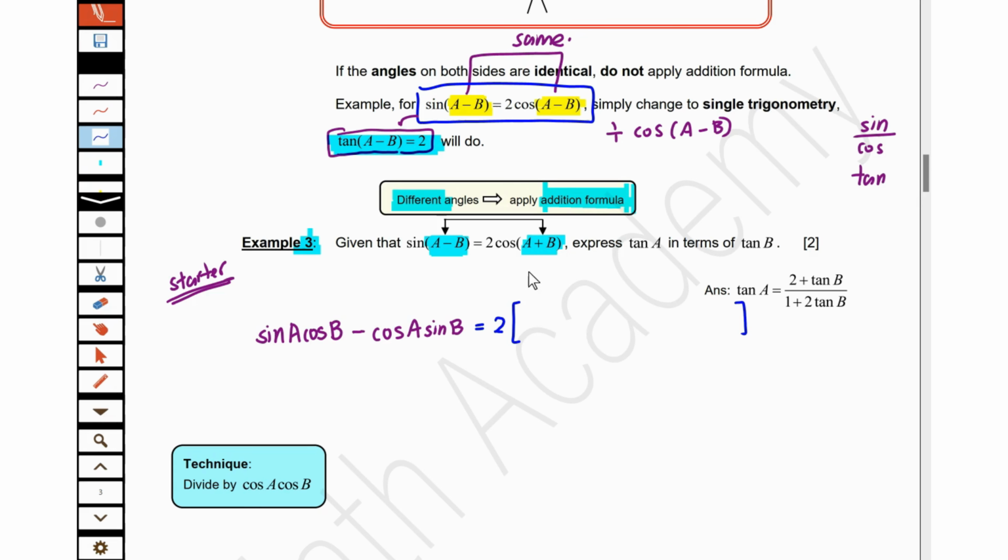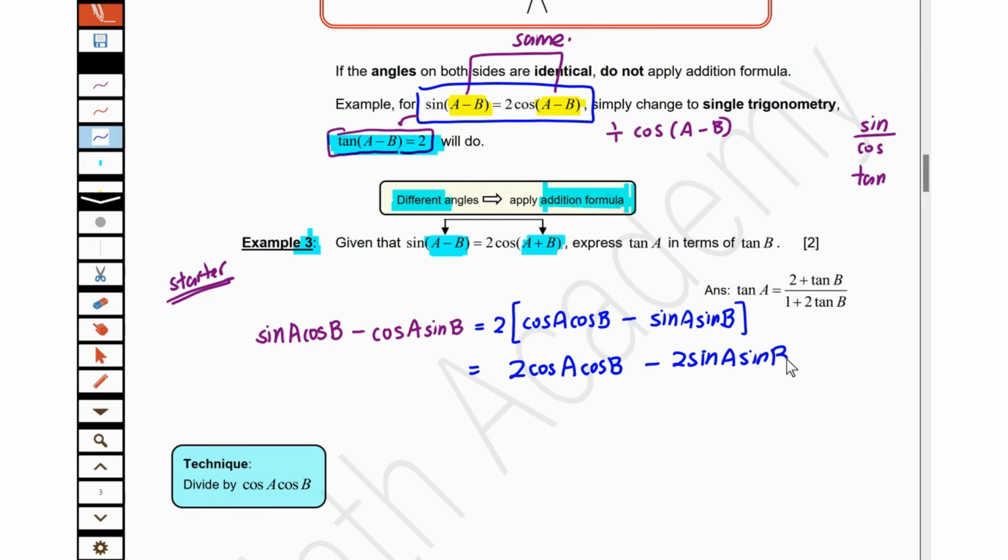For cosine as a starter, the format will be cosine cosine, sine sine. Careful, this is a plus, so this will be a minus. I'm going to expand out the right hand side first: 2 cosine A cosine B minus 2 sine A sine B.